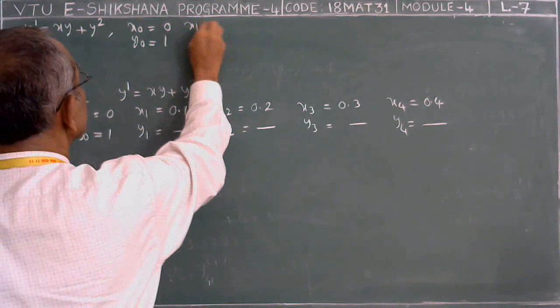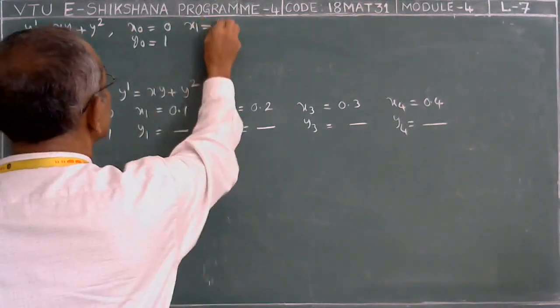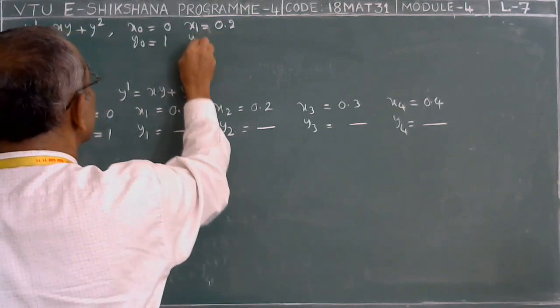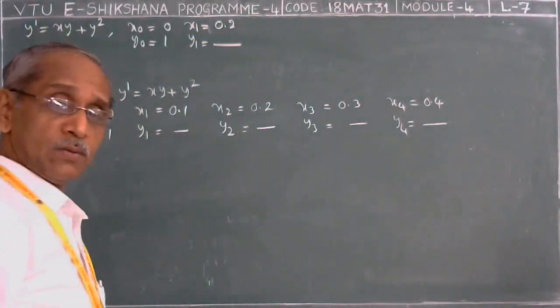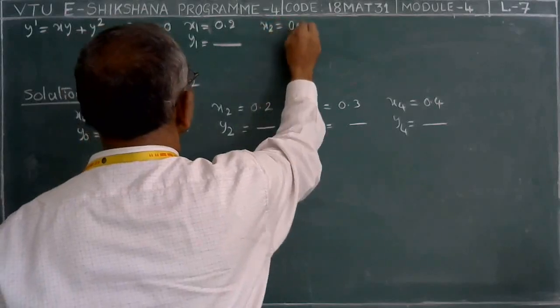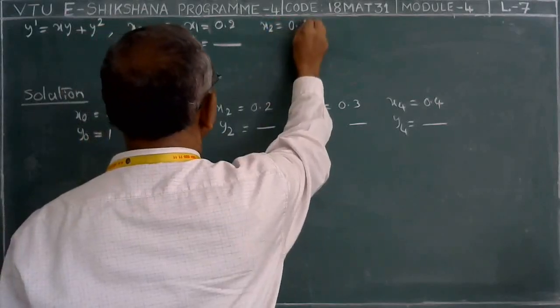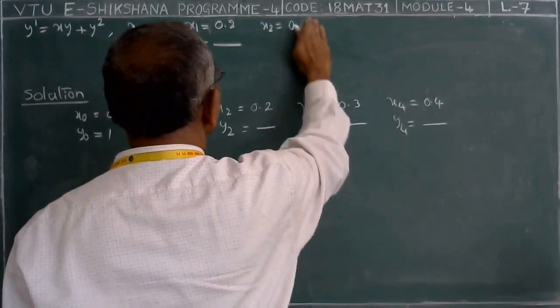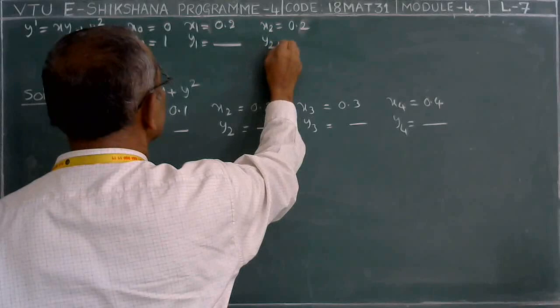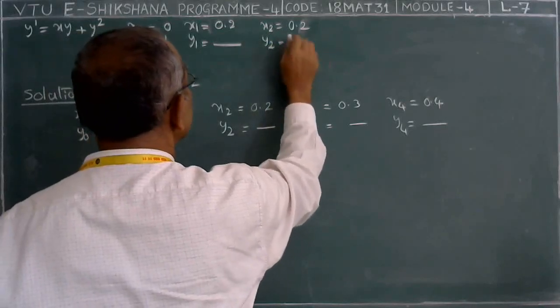Next, x1 is 0.1, then corresponding y1 we have to find out using Taylor series method. x2 is 0.2, corresponding value y2 I need to calculate.